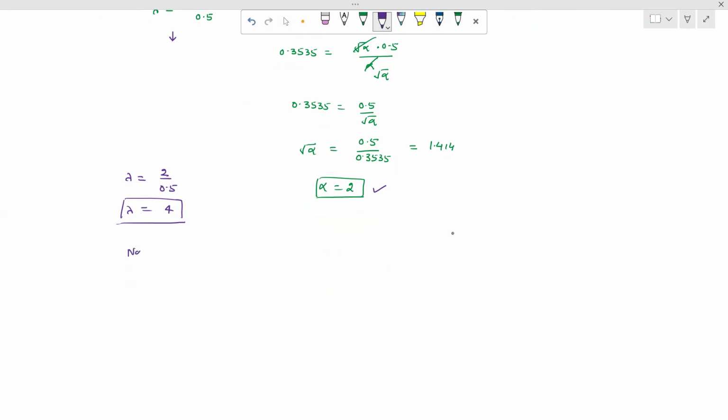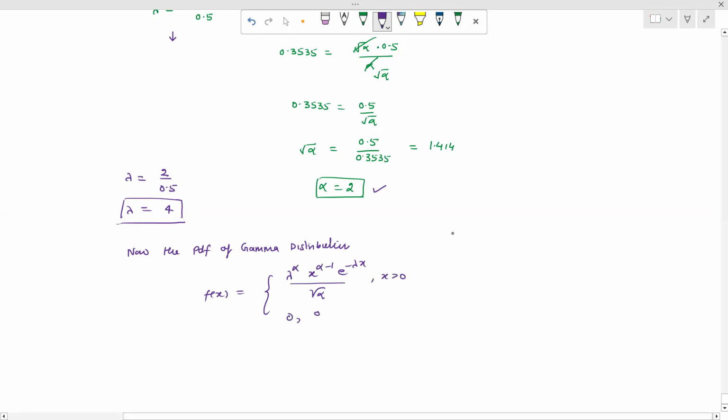So now the PDF of gamma distribution. We write f(x) is equal to lambda raised to the power alpha, x raised to the power alpha minus 1, and e raised to the power minus lambda x, upon gamma alpha, where x greater than 0 and 0 otherwise.